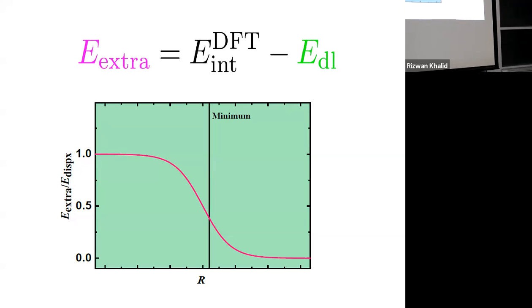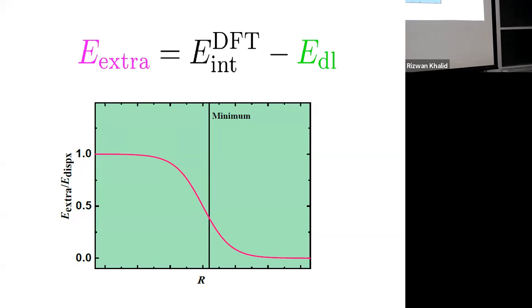So what should be the expected behavior of this E extra, which is apparently the dispersion energy recovered by a DFT method? There should not be any dispersion energy recovered by a DFT method at large separations.